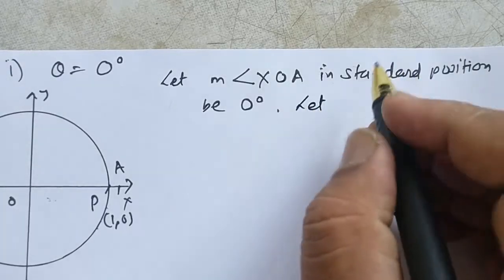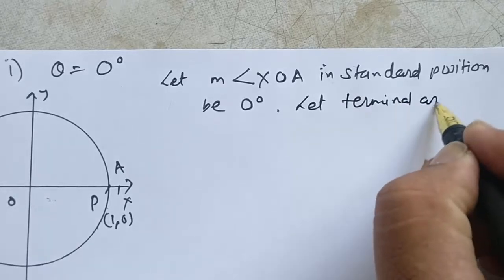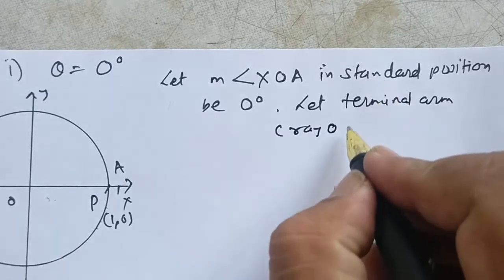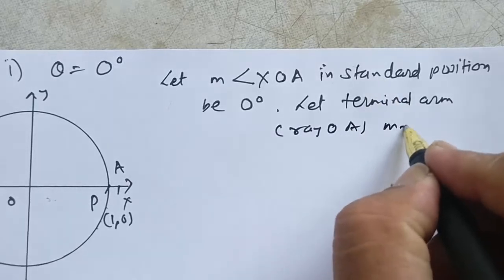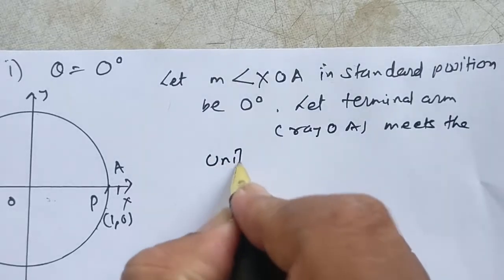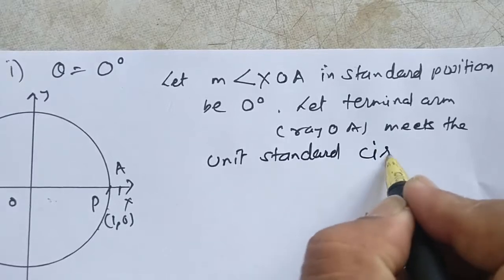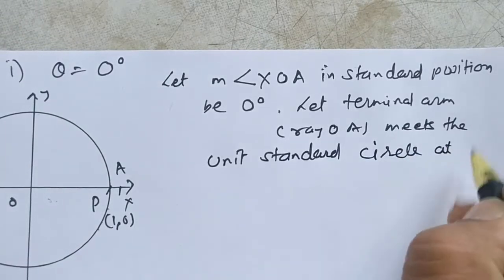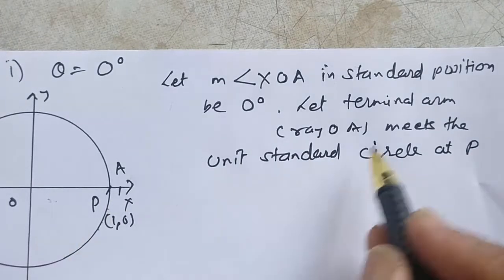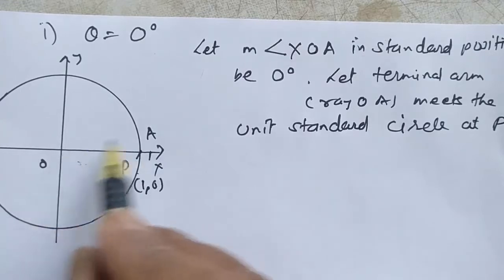Let the terminal ray R, that is ray OA, meet the unit standard circle at P. Now unit standard circle means the center is at the origin and the radius is 1.